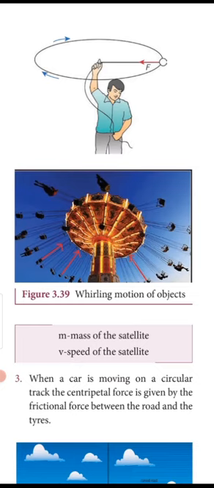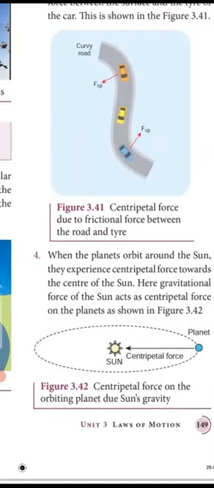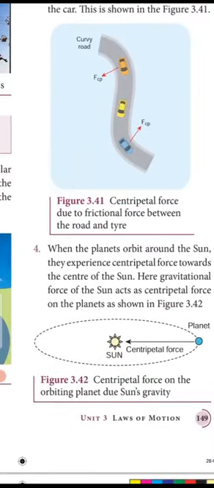And the third one, the car moving on the track, there the frictional force between the road surface and the tire of the car acts as the centripetal force. And the last one, the planet orbiting around the sun, in that case also the gravitational force acts as the centripetal force.